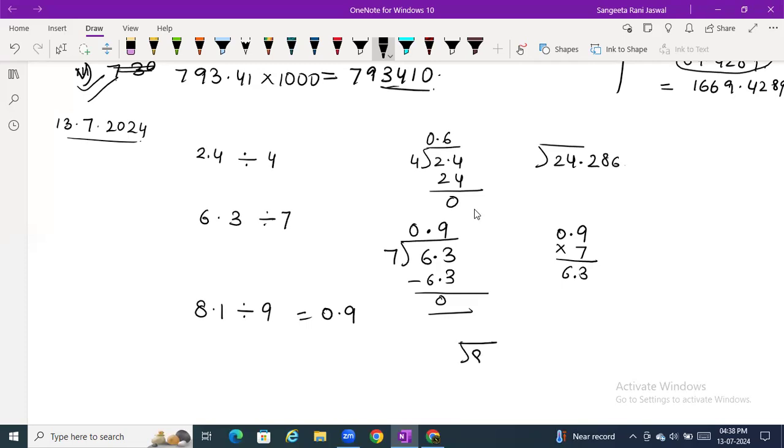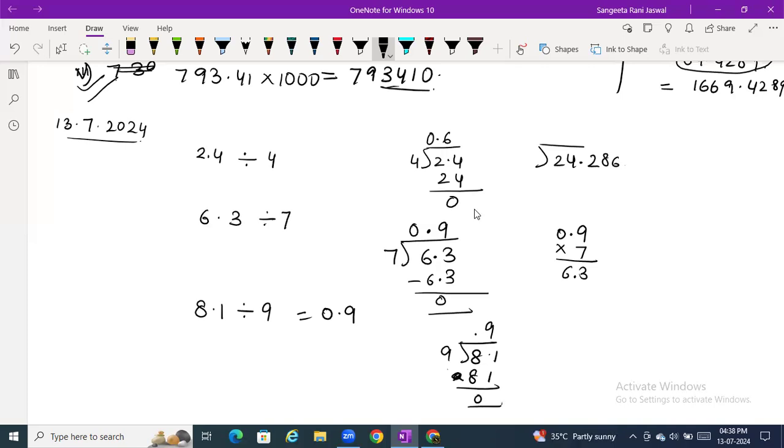When we divide this by 9, the first number is 8. 8 is not divisible by 9. So we cannot do this. So before we take the other number, we have this decimal point in between. So we will put the decimal point here. And now this is 8 and 1, 81. 9 nines is 81. And 9 into 0.9 gives 8.1.